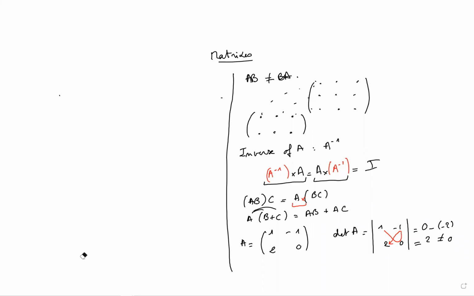So in that case, let's denote A, the matrix, A, B, C, and D. So A is invertible if and only if A times D minus B times C is not equal to 0.